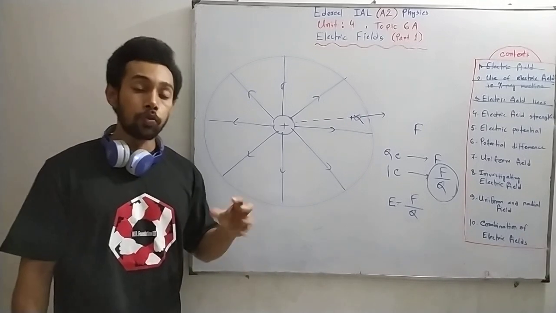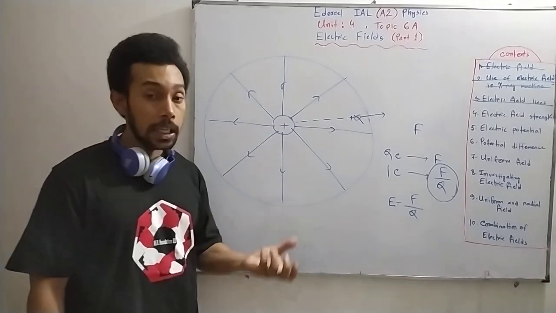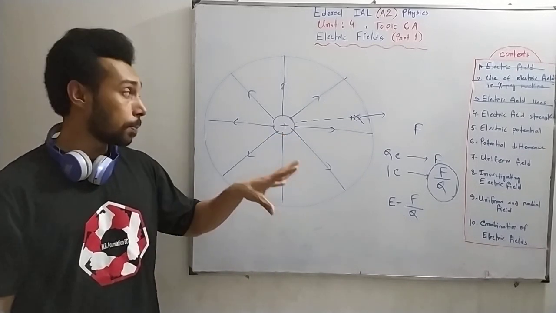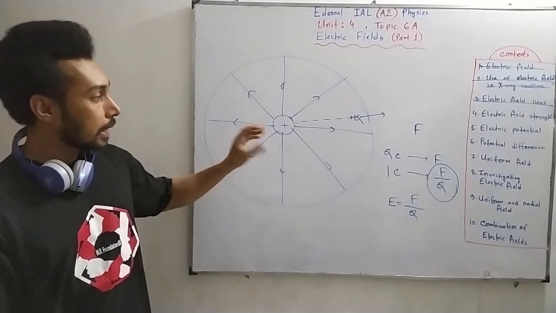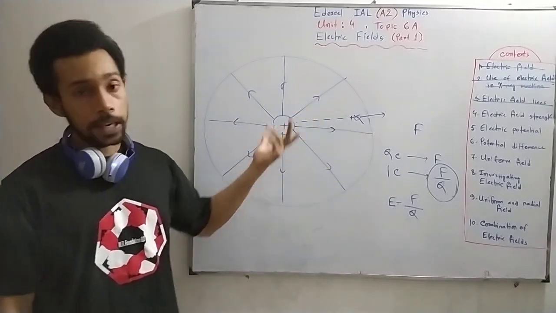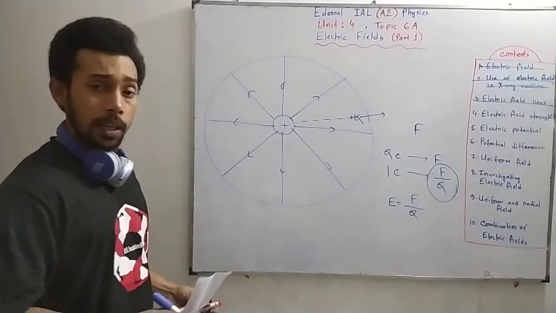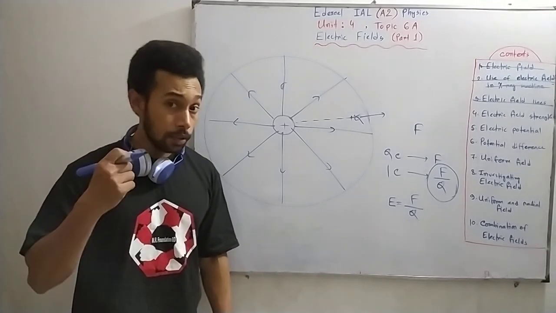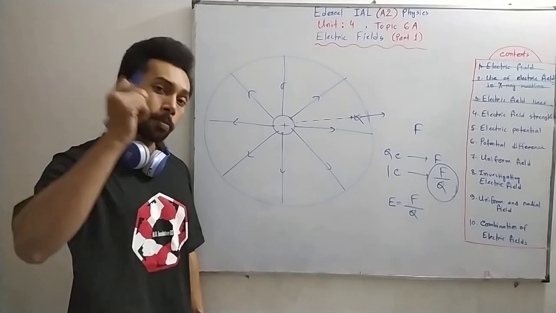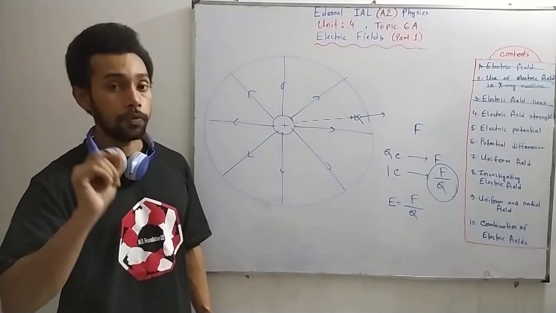Only within a uniform electric field, the field strength will be the same everywhere. But in case of a radial field like this, electric field strength will vary from place to place. And when we define electric field strength, we define it for a particular point within the electric field.